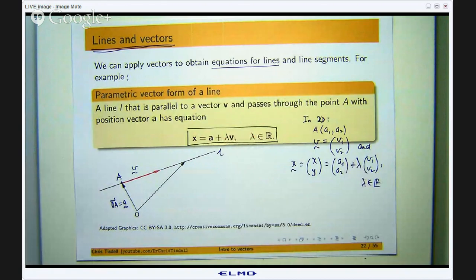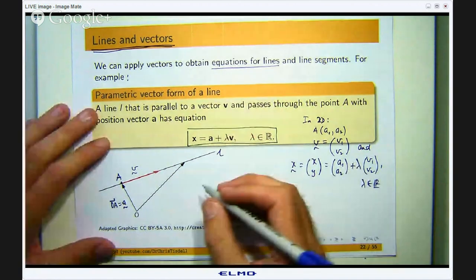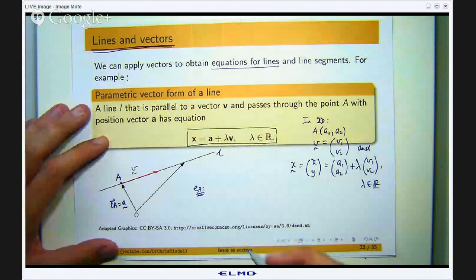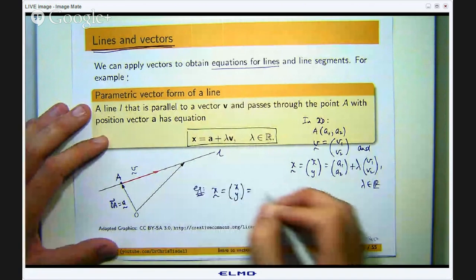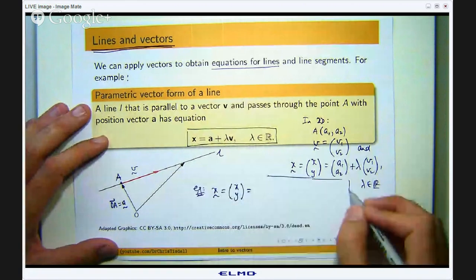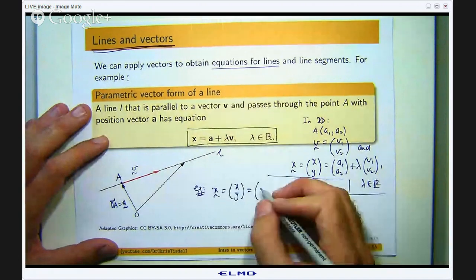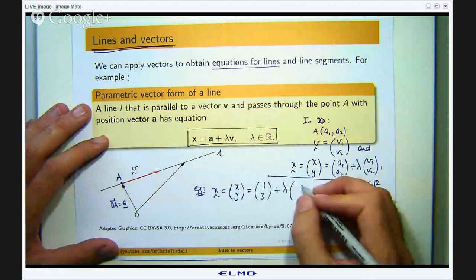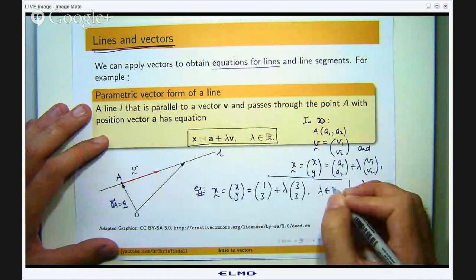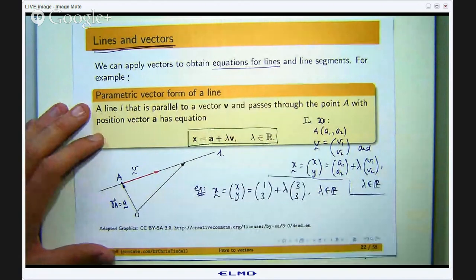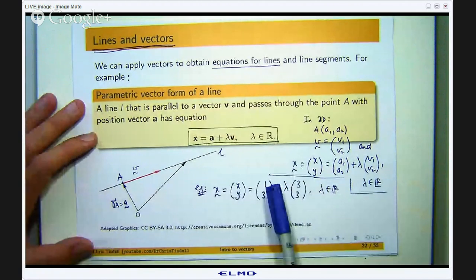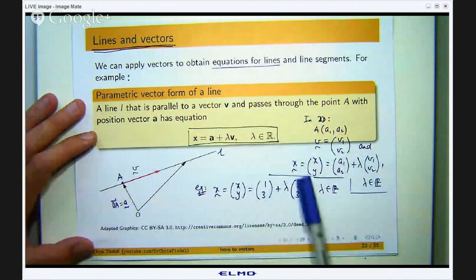Okay, so let me develop this a little bit more as an example. Suppose I had the parametric vector form given by the following equation. Okay, so this would describe the line that passes through the point 1, 3 and is parallel to the vector 3, 3.